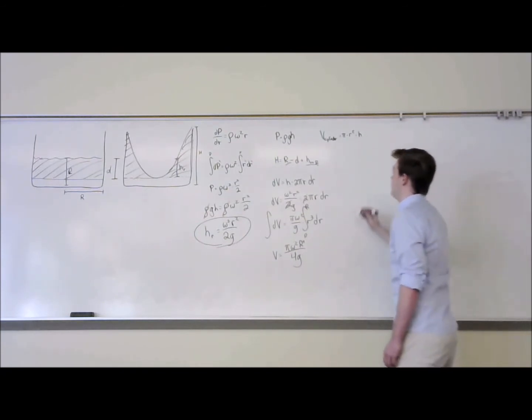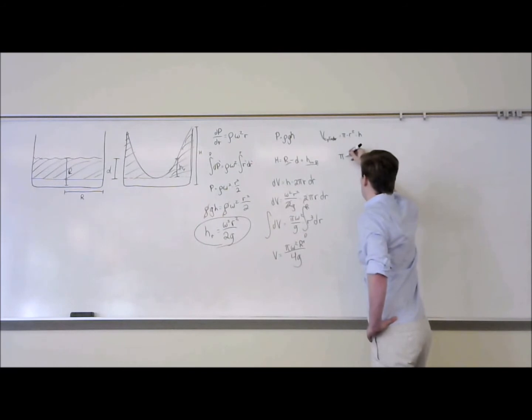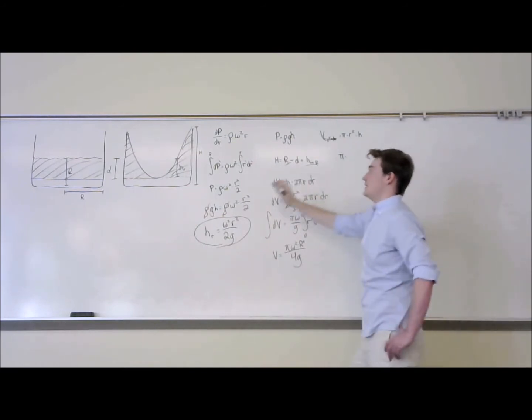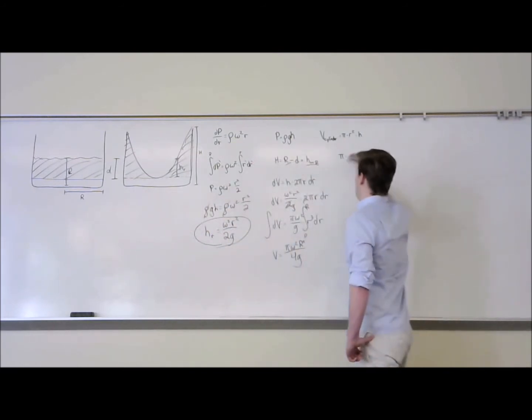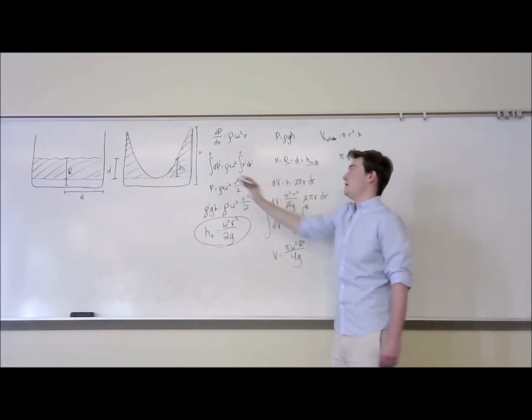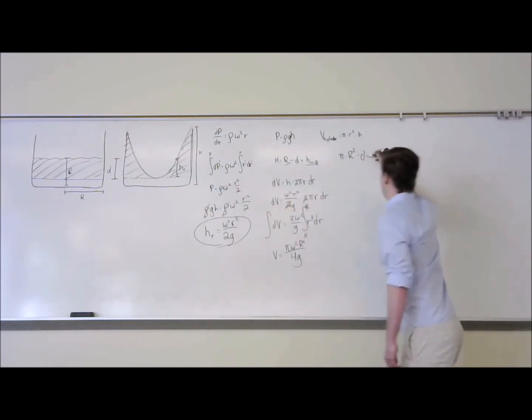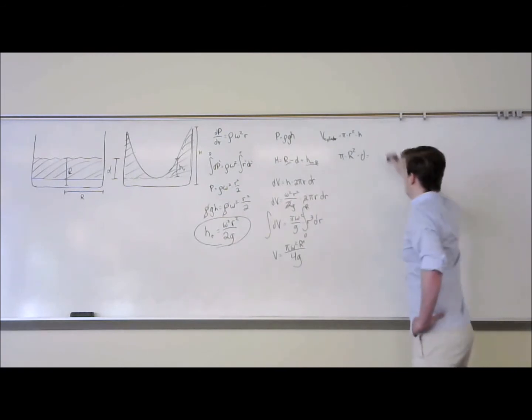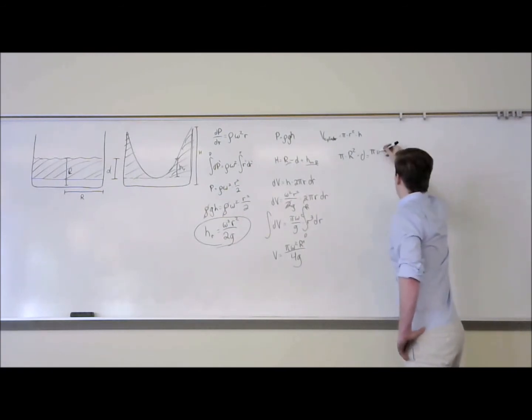If we look at this volume of a cylinder, we get pi times the radius squared. This radius is going to be big R, as stated in the problem, so big R squared, times the height, which in this case is our dip, d, equals what we just solved for: pi omega squared big R to the fourth over 4g.